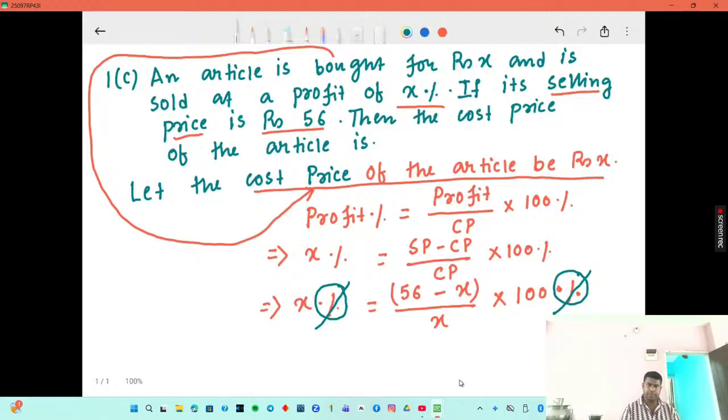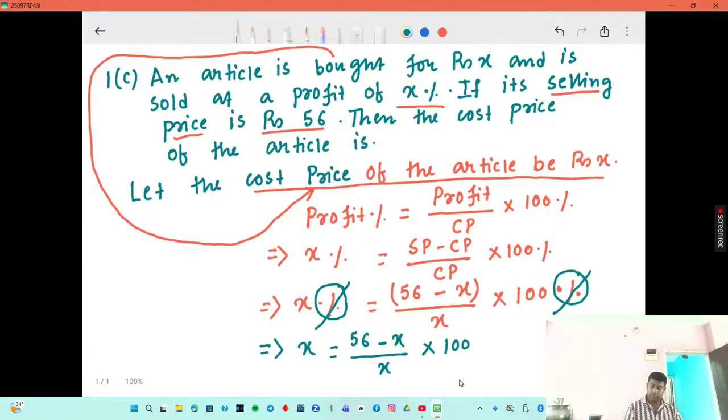As we can see the percentage sign on both sides of this equation, we can just cancel it. So the equation of this question will be x is equal to (56 minus x) by x into 100.